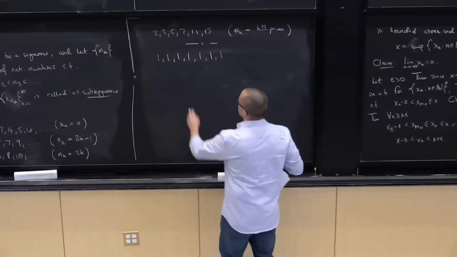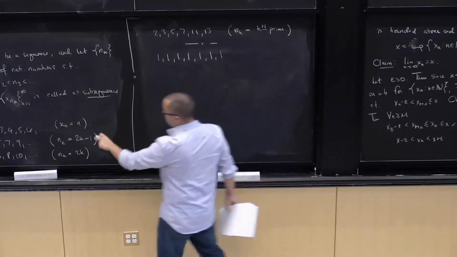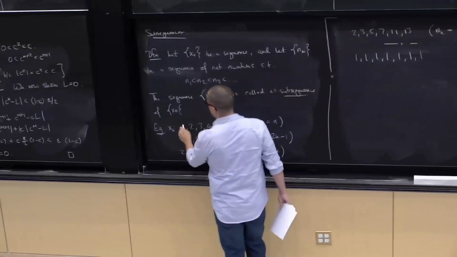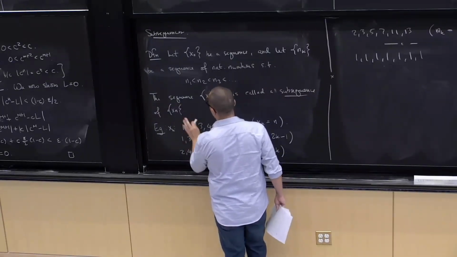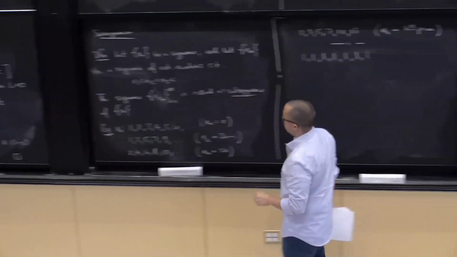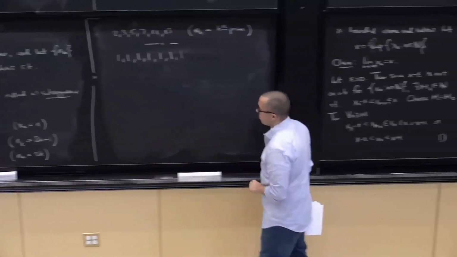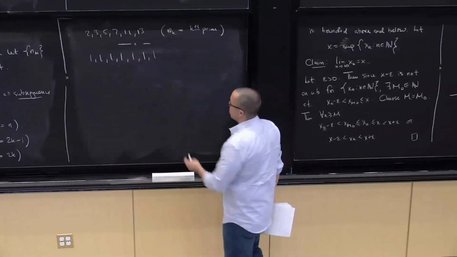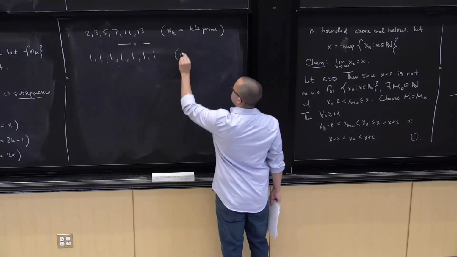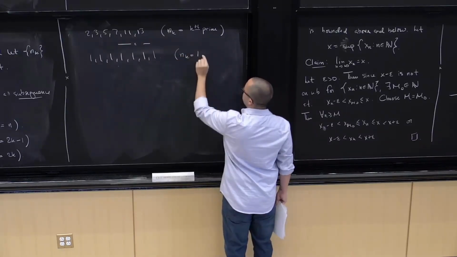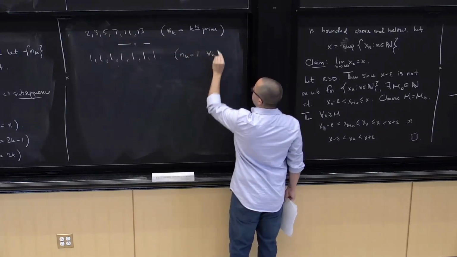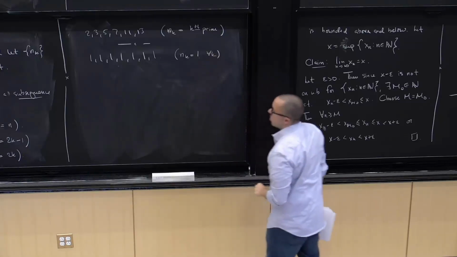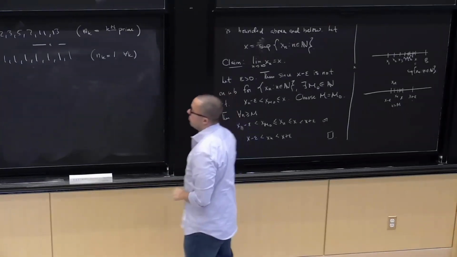Here, in order to get this sequence from this one, I just stay on the first entry and keep picking it. But that's not how a subsequence is defined. Okay? So here, if you like, this would mean n sub k is equal to 1 for all k, and this is not a strictly increasing sequence of natural numbers.